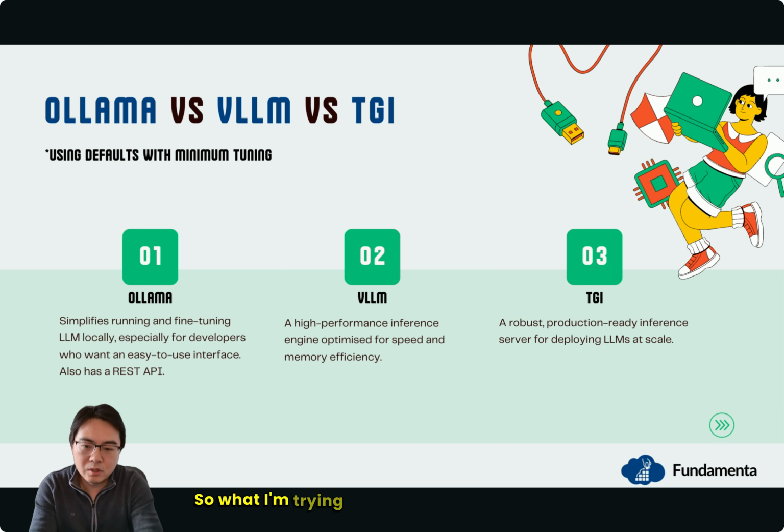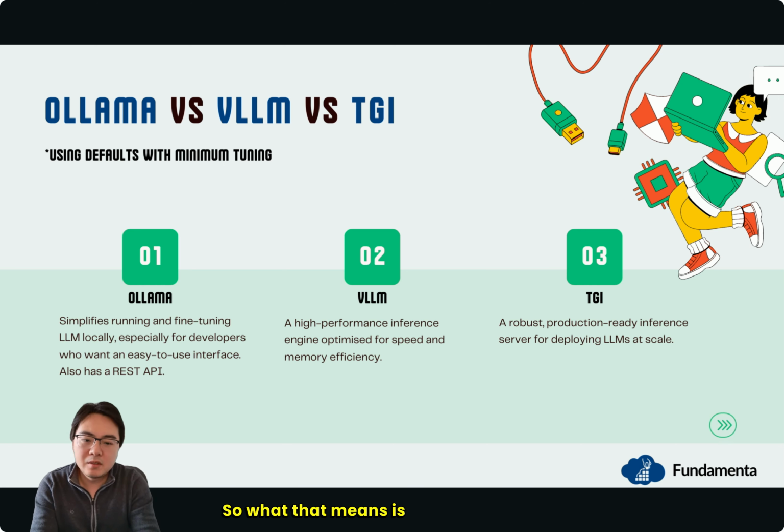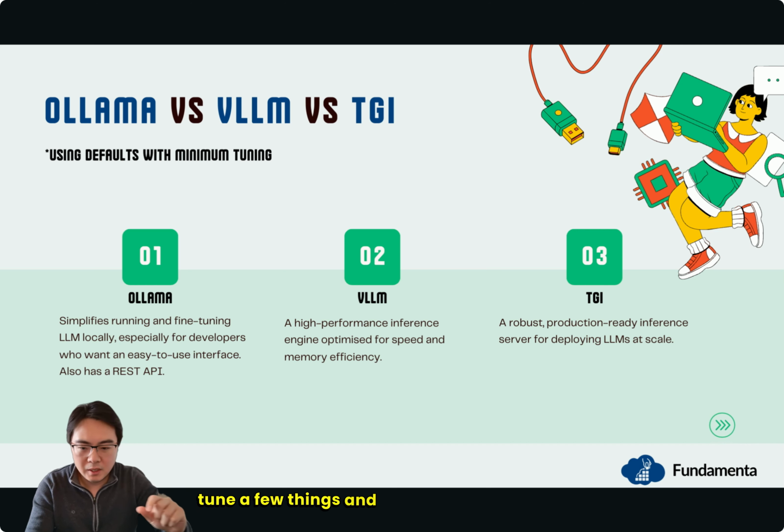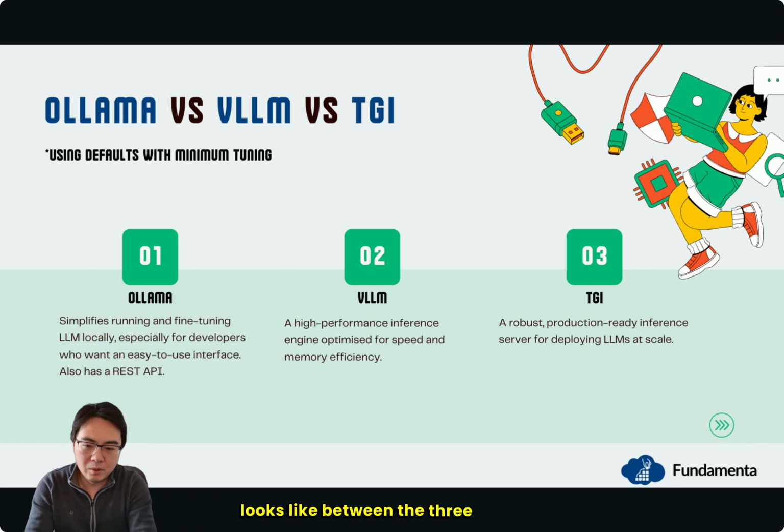What I'm trying to do is see, because I think not just myself, but quite a lot of you are quite new to this, and I want to focus on the least amount of effort, but I try to optimize the deployment process based on the default setup. So I don't want to spend so much time tuning this. I just want to see what the default looks like, and I'll probably tune a few things to optimize for the deployment and concurrency, to see what it looks like between the three options.